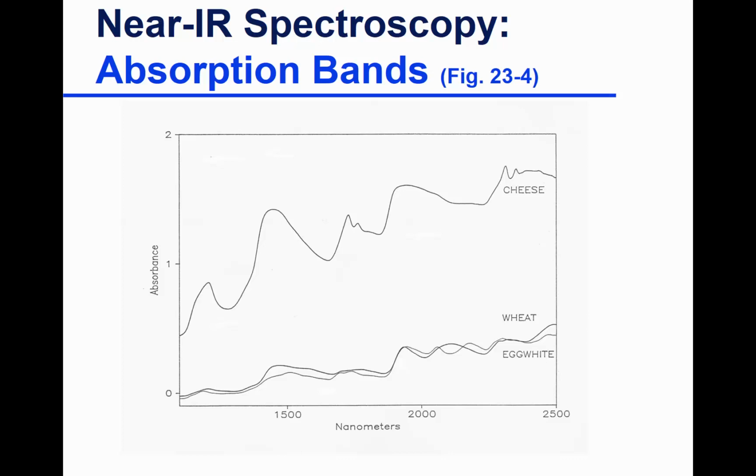So, for example, cheese is high in water, so you can see this peak over here and this peak over there. They're really big and broad and overlapping protein, for example, and lipid portion. So the water is overlapping the protein and lipid in the cheese, whereas in wheat, you can see there's less water, so you see this peak here and peak here are much smaller, and then you have protein and lipid separated.